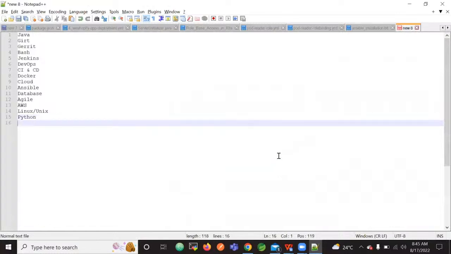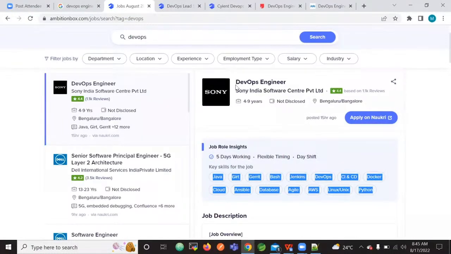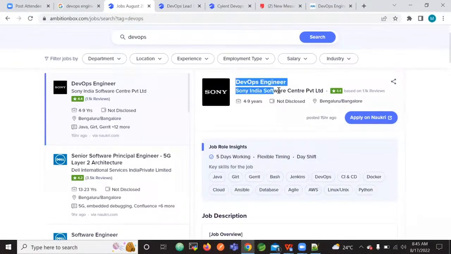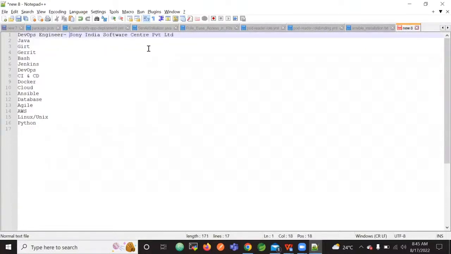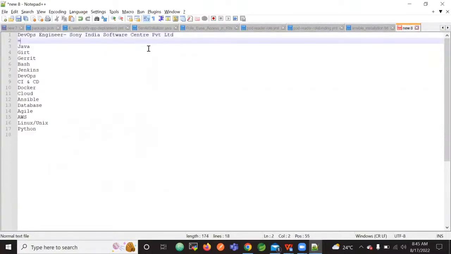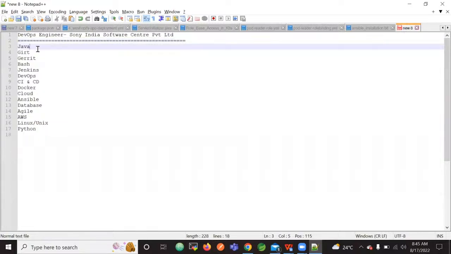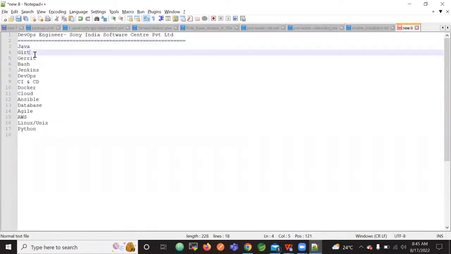This is for the company Sony India Software Center Private Limited, for the DevOps Engineer role. Hope you are able to see my screen, right? If we can see, Java knowledge, they are asking for something like Gerrit.